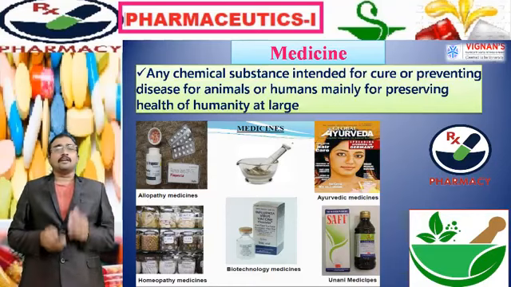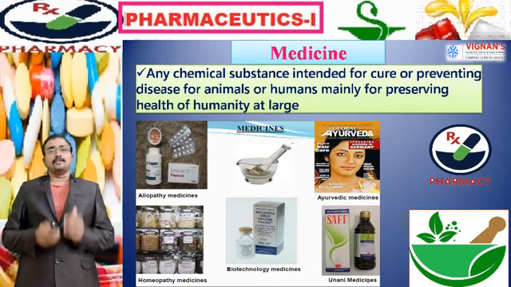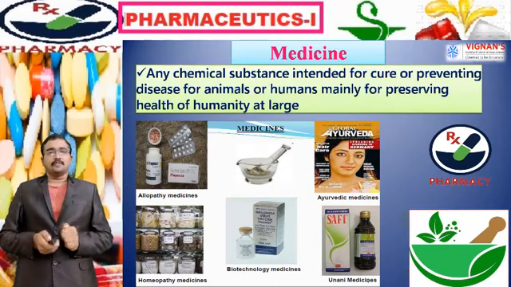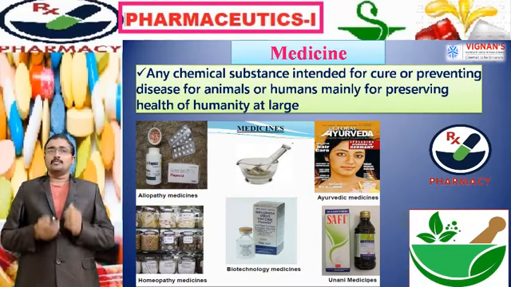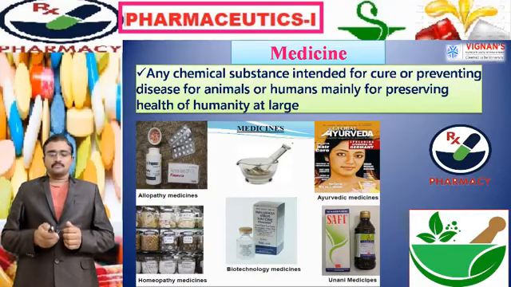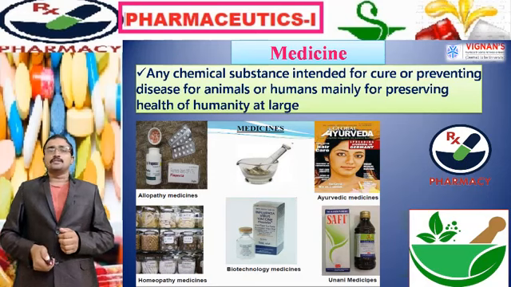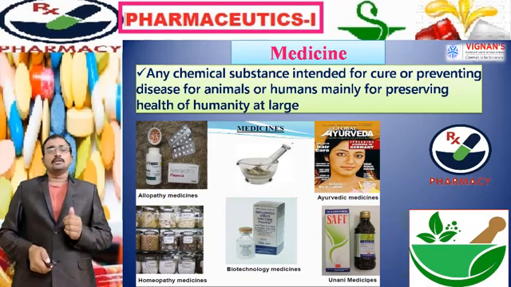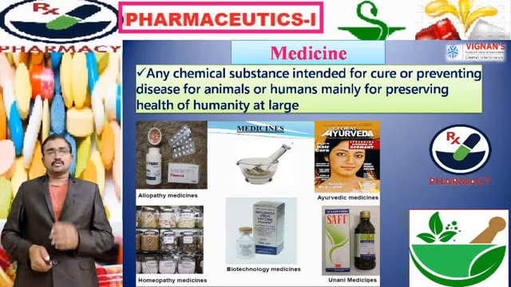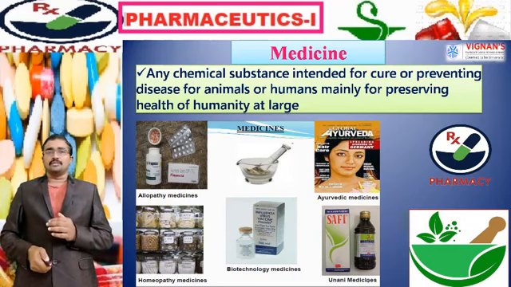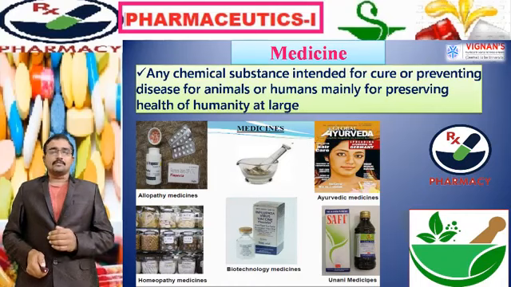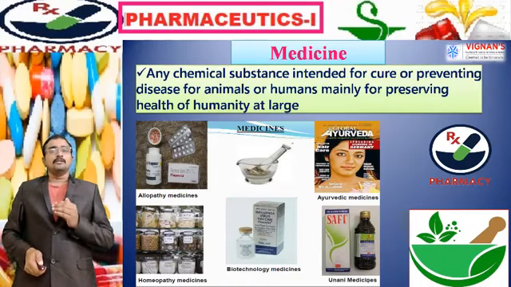So medicine means any chemical substance intended for cure or preventing the disease for animals or humans, mainly for preserving the health of humanity at larger scale. The medicines are allopathic, Ayurvedic, Unani, biotechnological and homeopathic medicines. Most of the medicines we use nowadays are allopathic and Ayurvedic medicines. The biotechnological medicines means some of the vaccines and sera products.